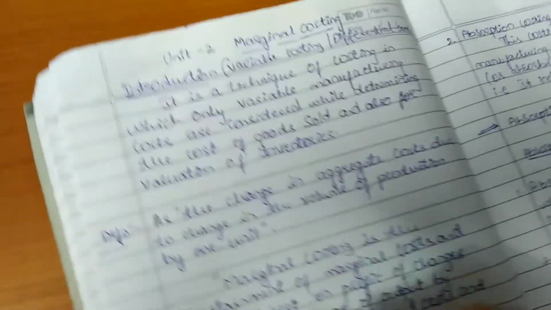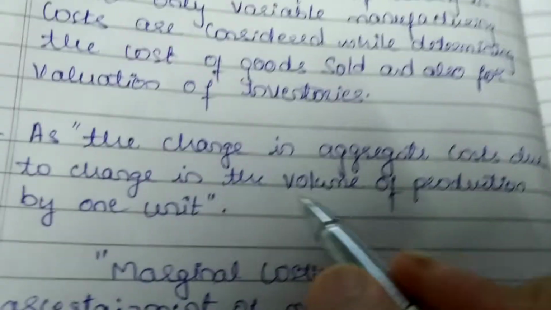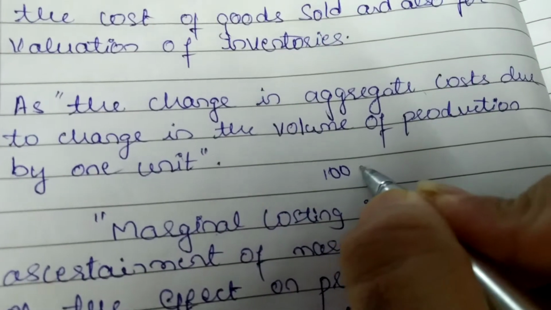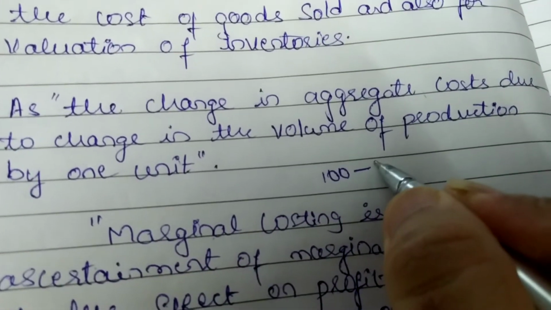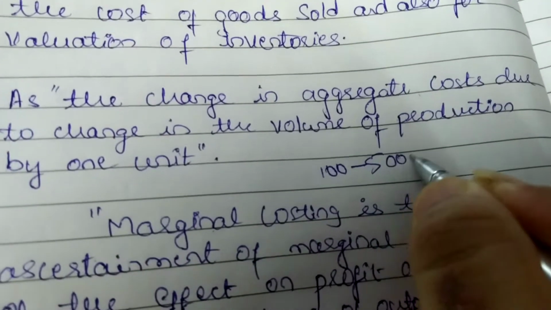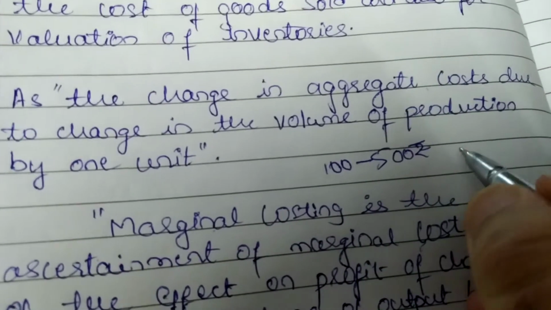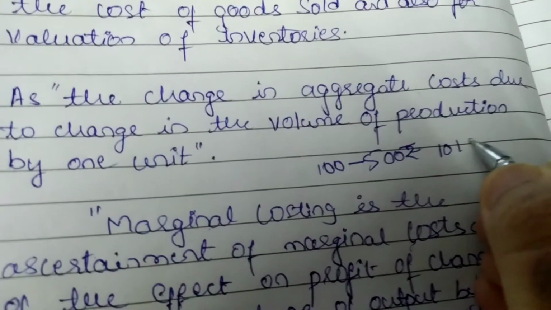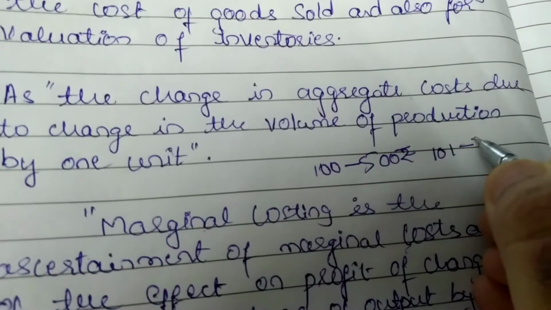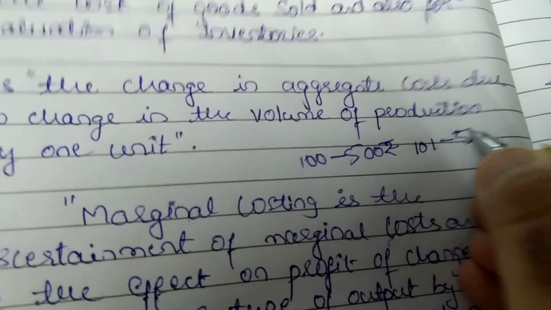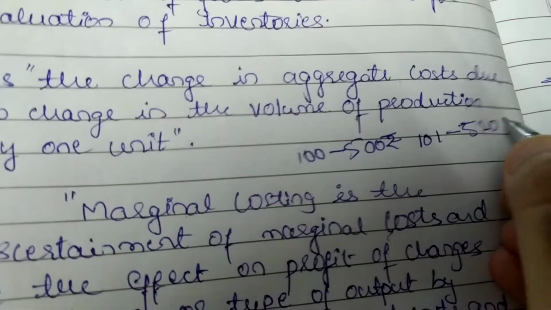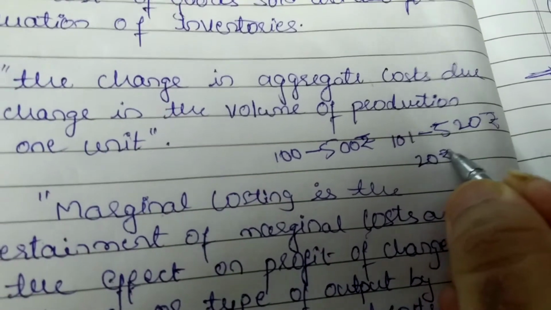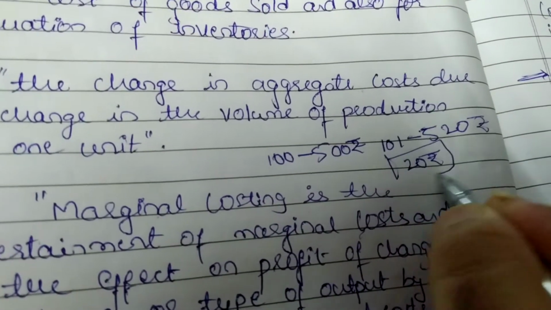For example, if I have produced 100 units and the cost of that is 500 rupees, and now I increase by 1 unit, so 101 units are produced, and the cost of that is 520 rupees, then the additional 20 rupees is known as the marginal cost.